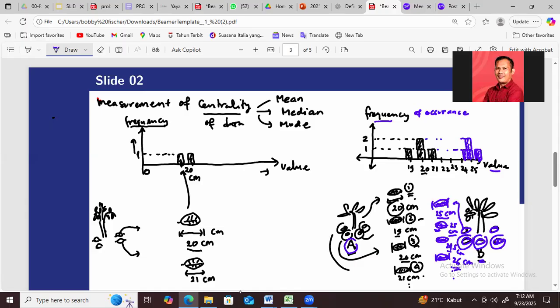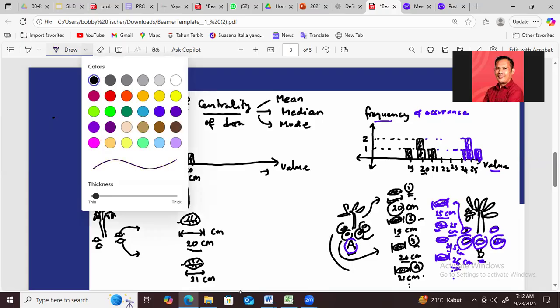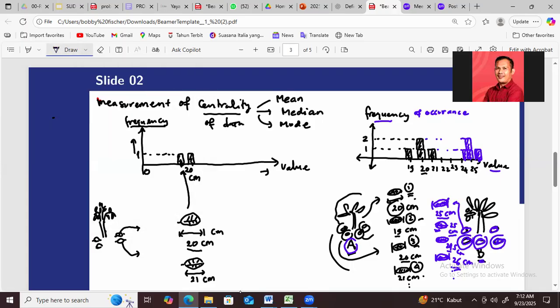Okay. So you have this diagram here. And this diagram gives you information about the centrality of the first leaf. Okay, this is the first tree, this one here, and the average length of the leaf is about 20 centimeter.